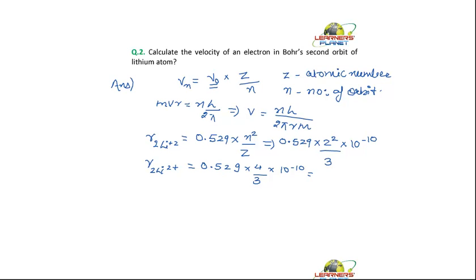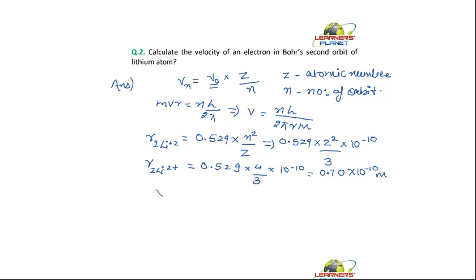What will we get here? 0.529 multiplied by 4 divided by 3, so we are getting 0.70 into 10 to the power minus 10. And students, don't use calculators. Try to solve it and find the approximate values.